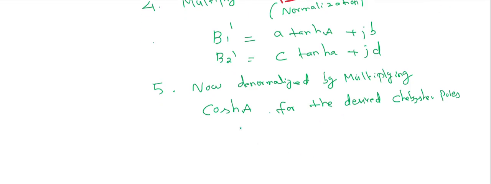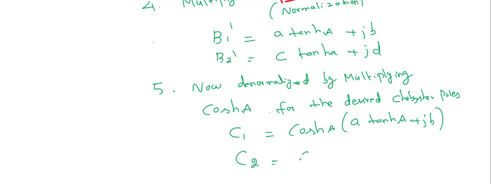So the Chebyshev pole C1 is equal to cosh A multiplied by the normalized pole B1 dash, that is A tanh A plus jB, and C2 will be cosh A multiplied by C tanh A plus jD. Multiply the real term. This is the real term of the Chebyshev filter, so the new poles are these poles multiplied by cosh A.